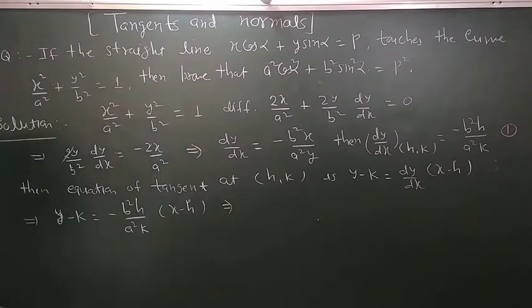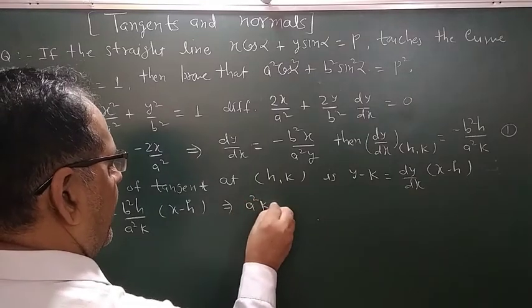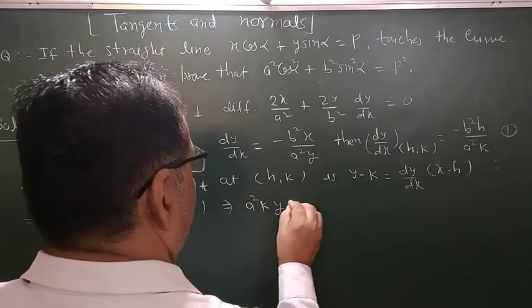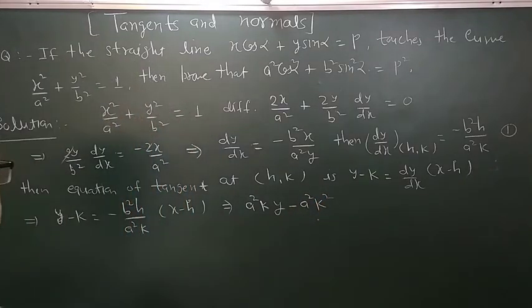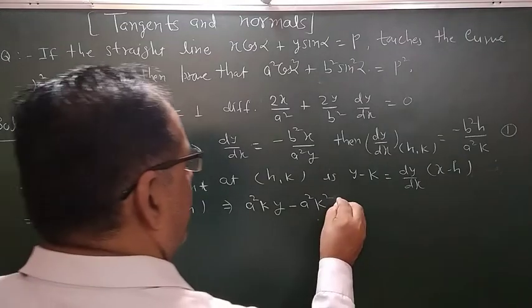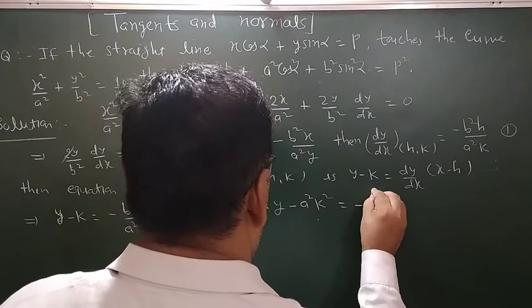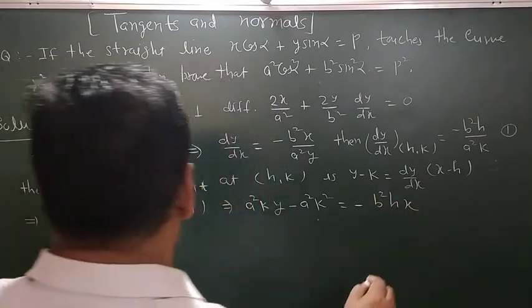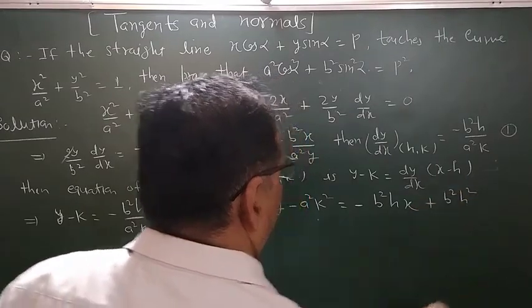So we have a square k y minus a square k square equal to minus b square h x plus b square h square.